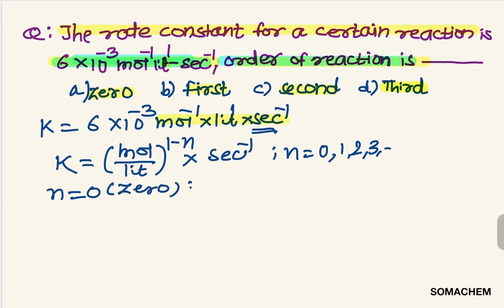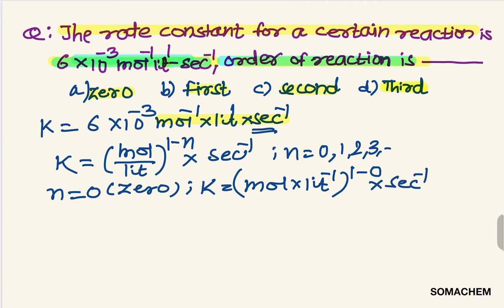So unit will be what? K equal to, now mole, liter we can take in numerator, that is it will be minus 1. 1 minus n, here n is 0, second inverse. So unit will be mole to the power 1, liter to the power minus 1 into plus 1 minus 1, and second inverse.